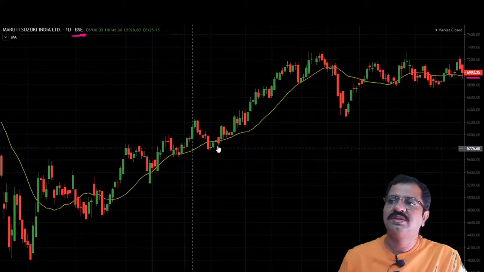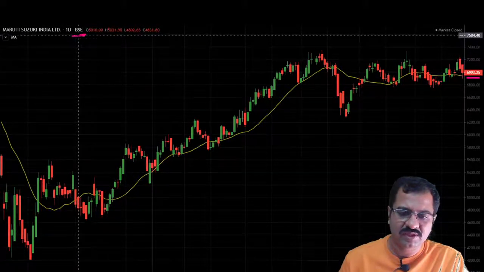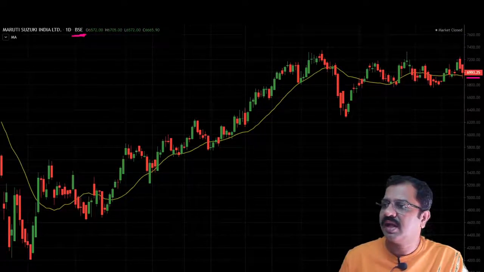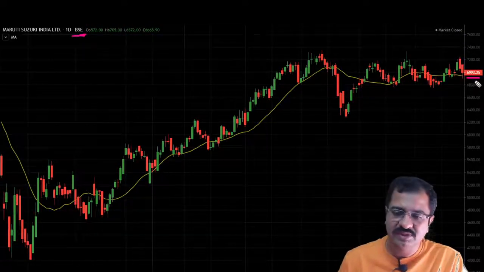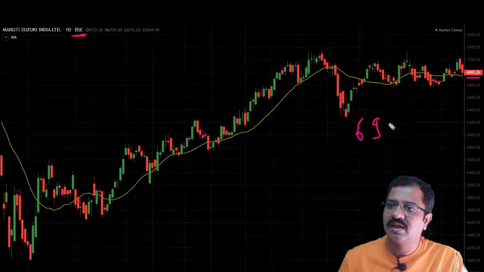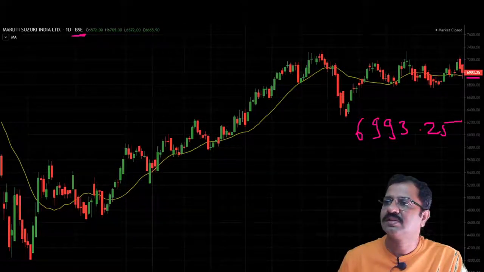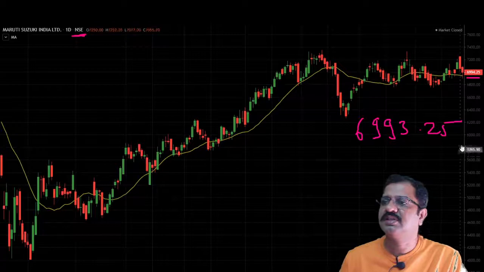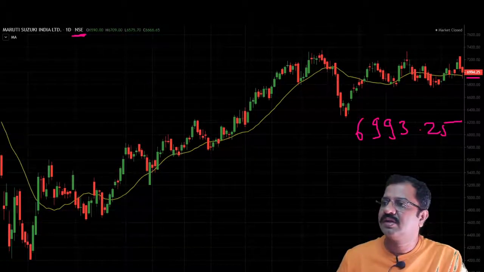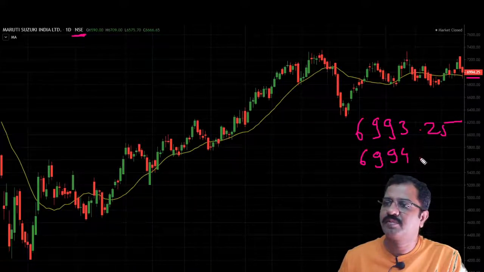Now this is the chart of Maruti, but on BSE. Here you are seeing BSE, and here the price is 6993.25, and earlier on NSE it was 6994.25.